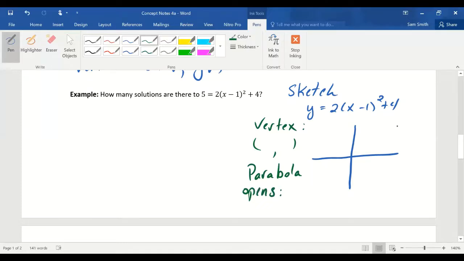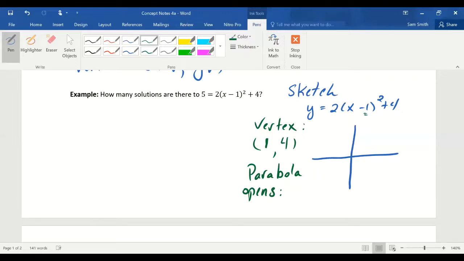Because this equation is in vertex form, we can find the vertex very quickly. The x-coordinate of the vertex is the number that's being subtracted from x. 1 is being subtracted from x. And the y-coordinate of the vertex is the number that's being added to x minus 1 squared, 4.